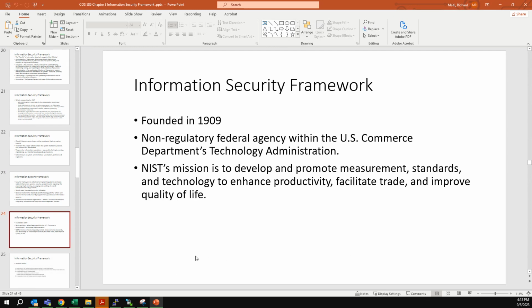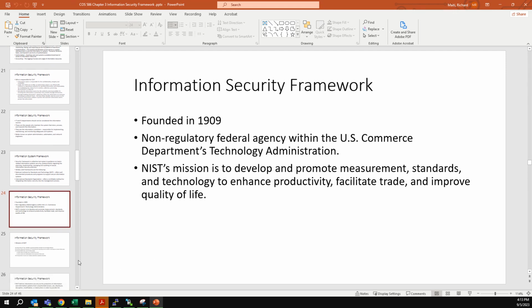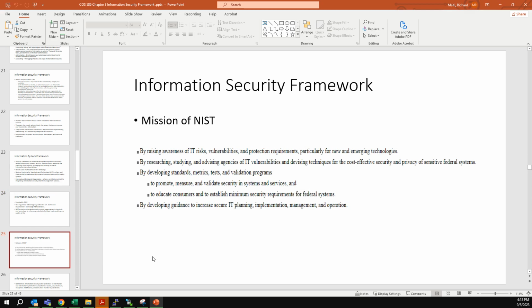NIST is a non-regulatory federal agency under the U.S. Department of Commerce, Technology Administration. NIST develops different kinds of standards to improve protecting of information, measurement standards, technology, trade, and the quality of life overall.